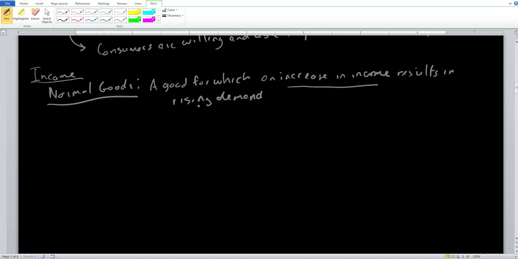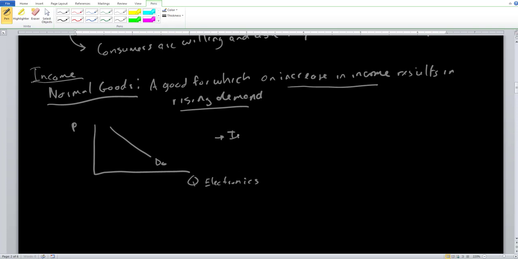So increase in income, rising demand. And once again, let's go ahead and build up our demand curves. We have D0, we have price, we have quantity. And what do you think is a good that would be considered a normal good? Probably something like electronics, right? Electronics.